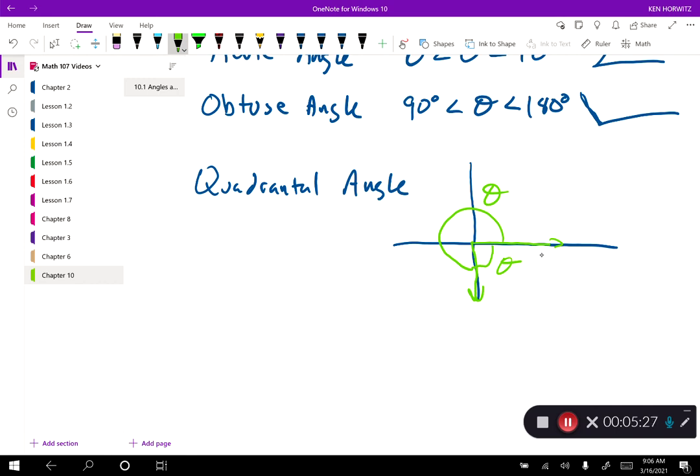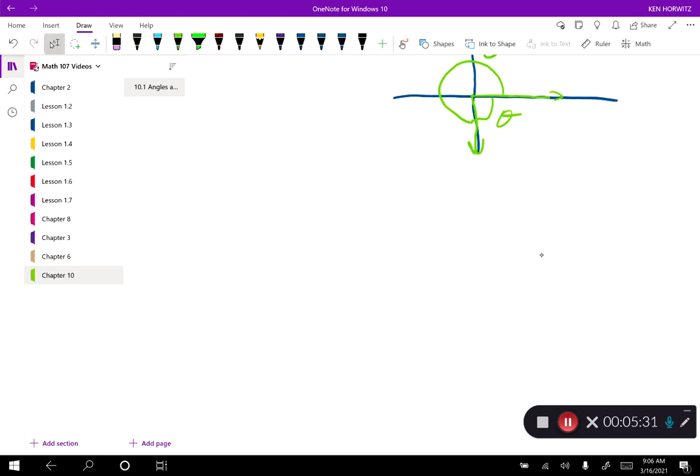All right. Now, one more thing with angles. You could have something called a complementary angle. Complementary angles add up to 90 degrees.